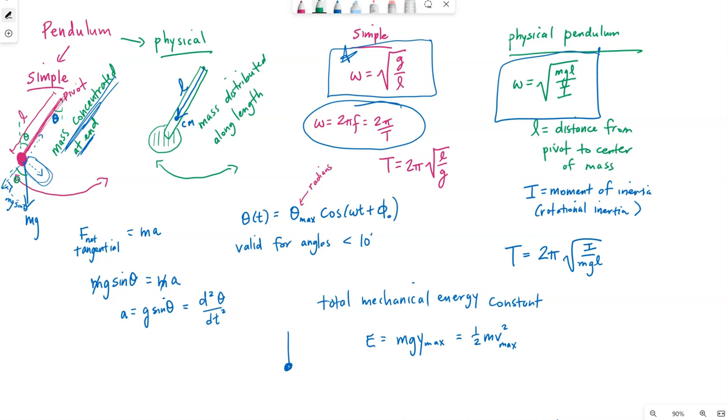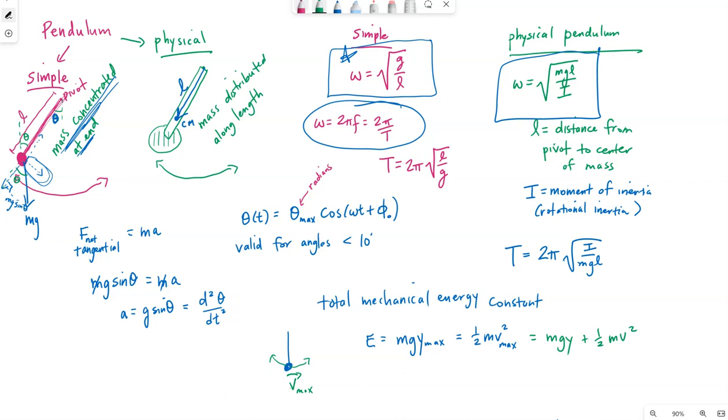So as a pendulum swings through its lowest point, this is where it will be moving fastest. Everywhere in between, it will have some potential energy and some kinetic energy.